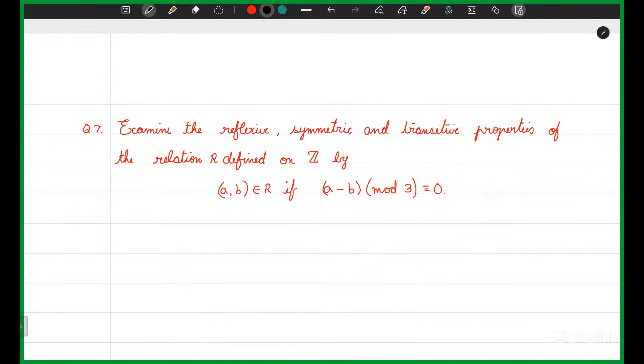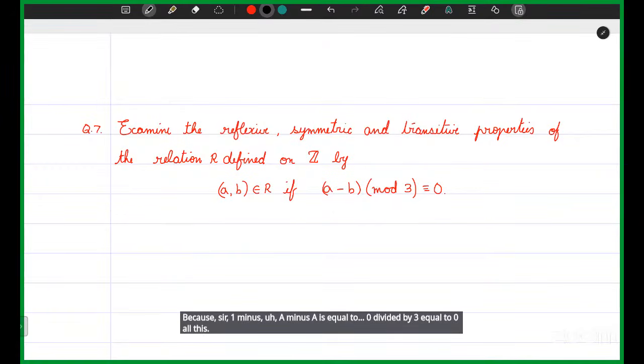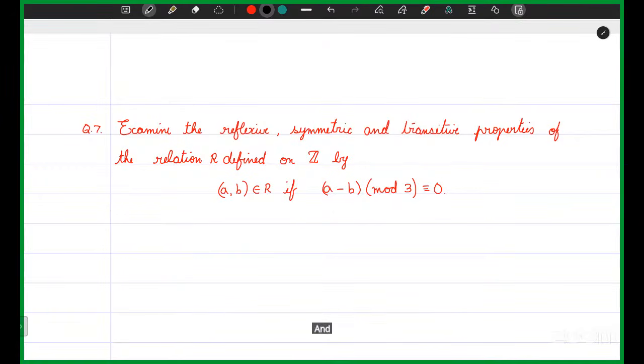Because, sir, a minus a is equal to 0, divided by 3 equals 0 always. And a minus b and b minus a divided by 3 always give the same answer.